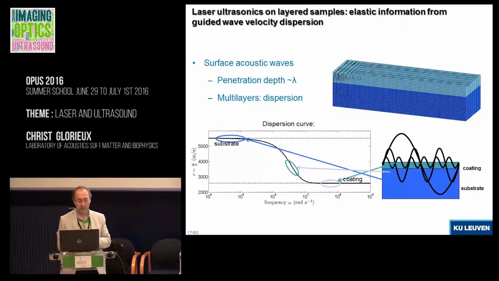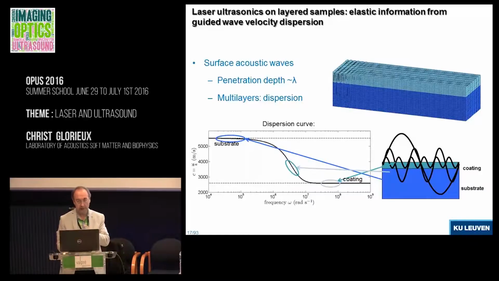Then the wave feels the speed of sound of the substrate. If you go to higher and higher frequencies, the speed of sound changes. It feels more and more the coating. So depending on the frequency or the wavelength, you can determine the two.